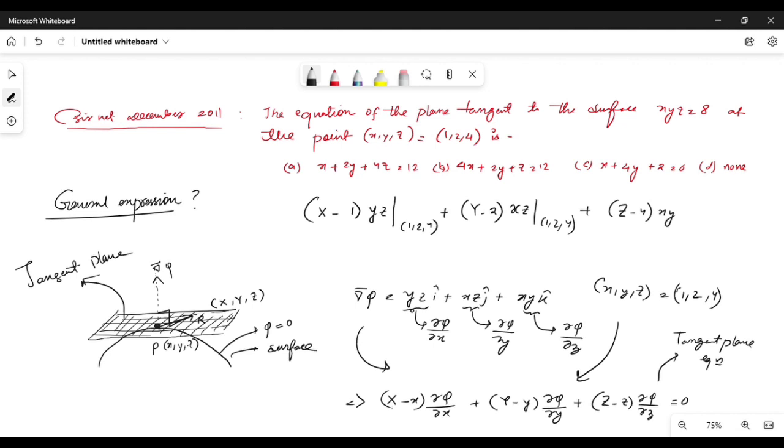You may see in the diagram that the gradient of phi also passes through the same point.